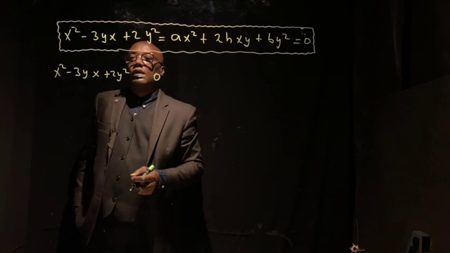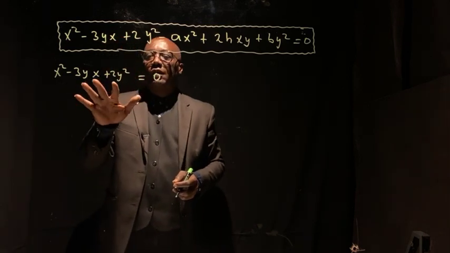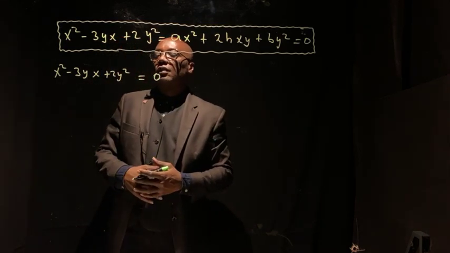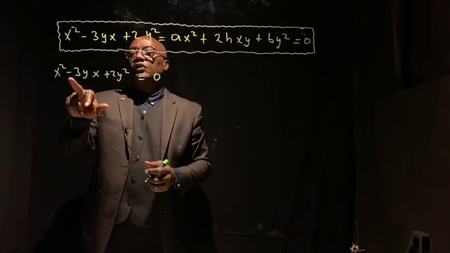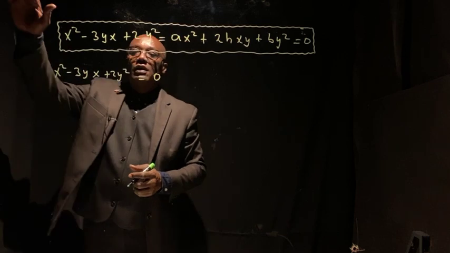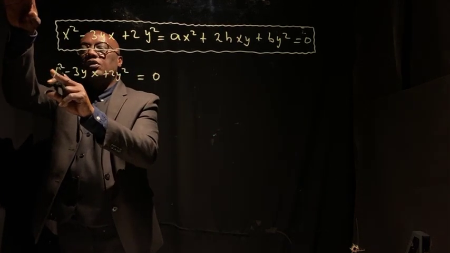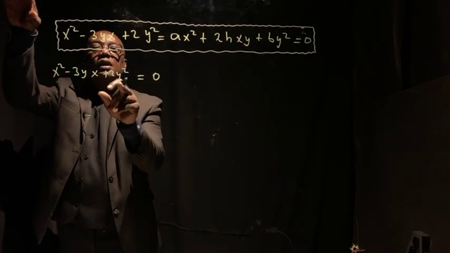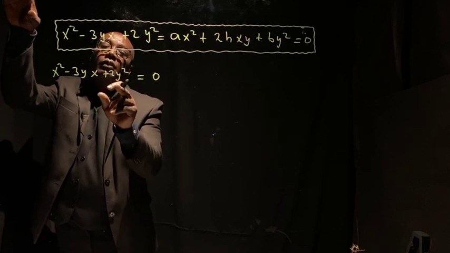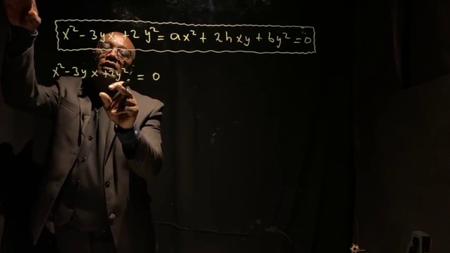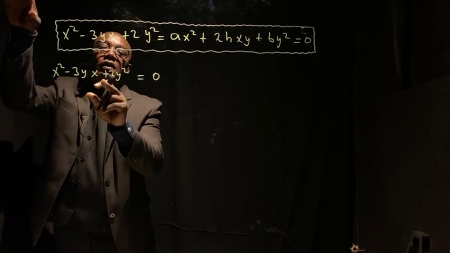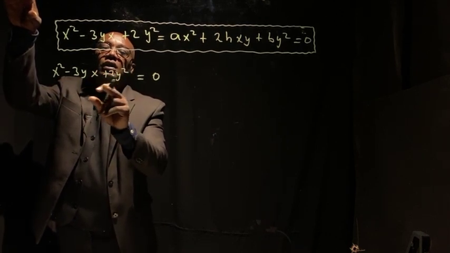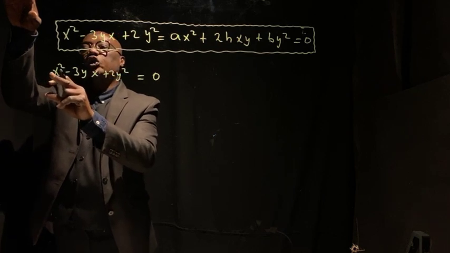Good. We are going to use the quadratic approach, factorization, to factorize this homogeneous equation of second order. To do that, the coefficient of x squared will be multiplied to this one, and this time we make this one a constant. In that case, it's a quadratic equation in x, where this one is a constant. So the coefficient of x squared is 1.